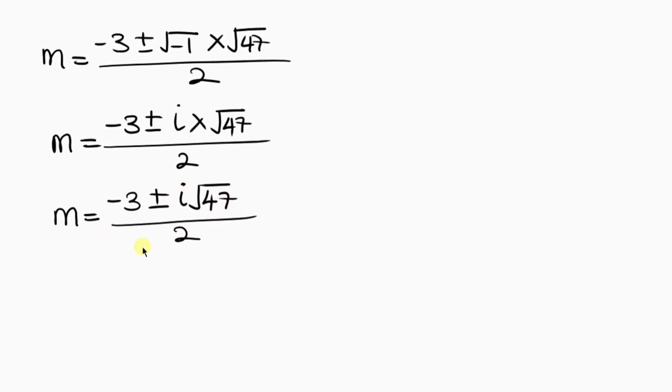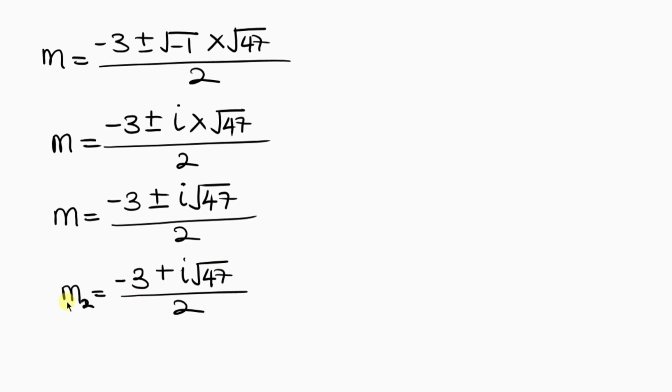So there are actually two values of m here. The first value is, okay, this is supposed to be the second solution to m because we've already got one real solution. So this is negative 3 plus, oh sorry, I'm picking just the plus, i root 47, very good, all over 2.